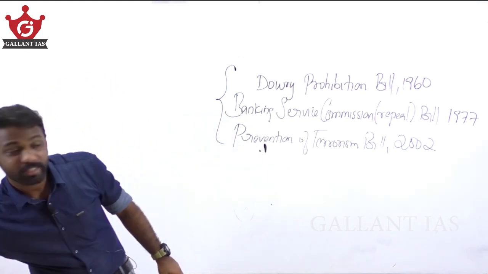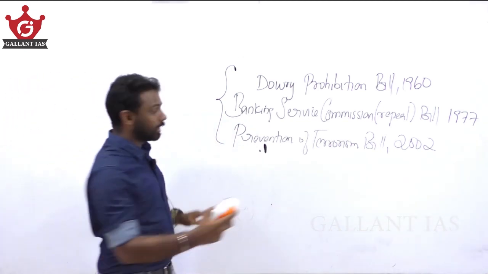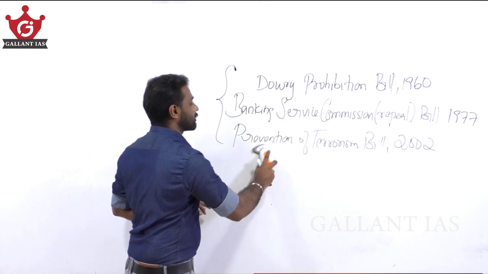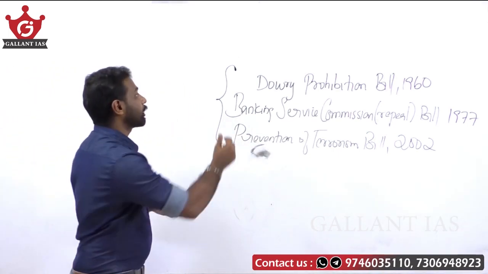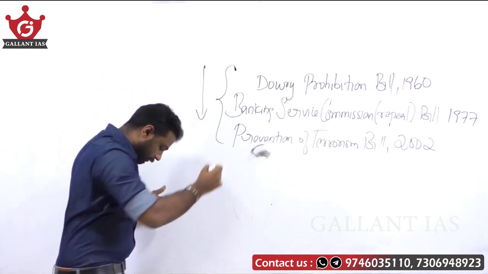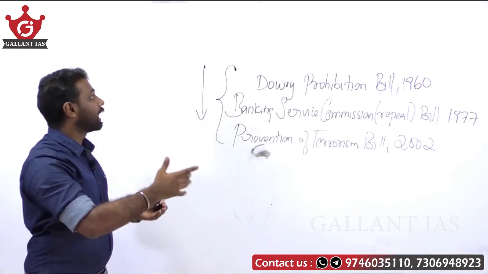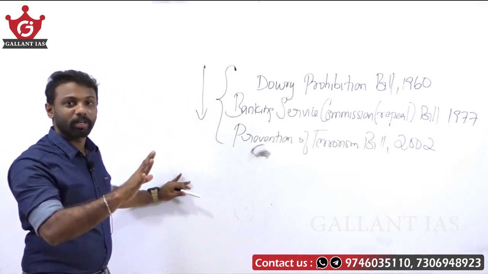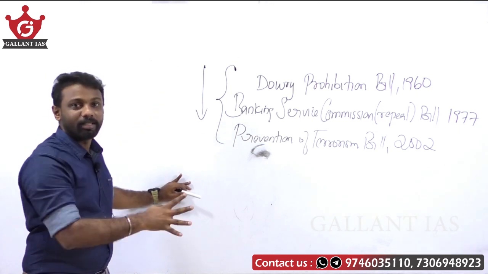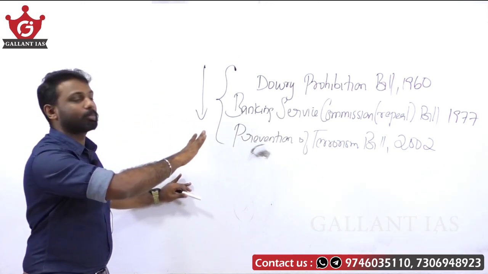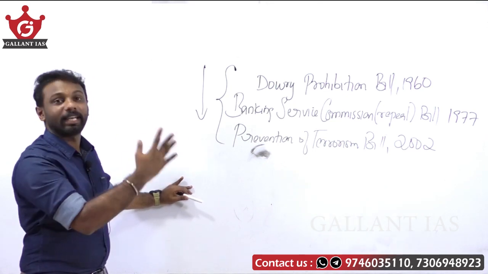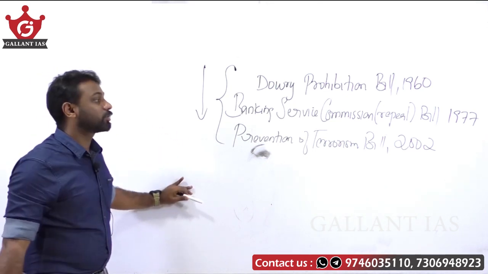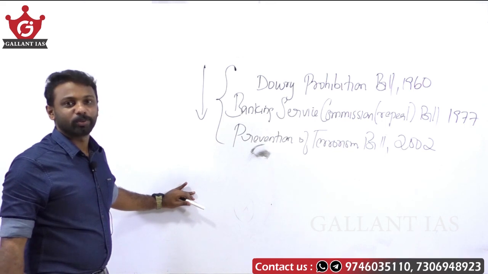Please note down these 3 bills in chronological order, that is, which comes first and which comes next: Dowry Prohibition Bill 1960, Banking Service Commission Repeal Bill 1977, and Prevention of Terrorism Bill 2002.